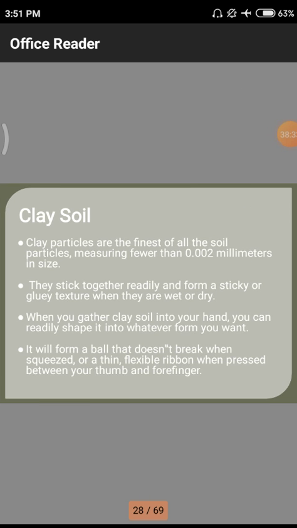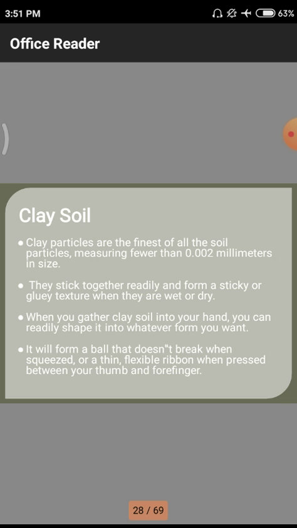Next one, we have clay soils. These clay particles are the finest among all the soil particles. Normally sandy soils range from 0.05 to 0.10, and silty soils range from 0.002 to 0.05.